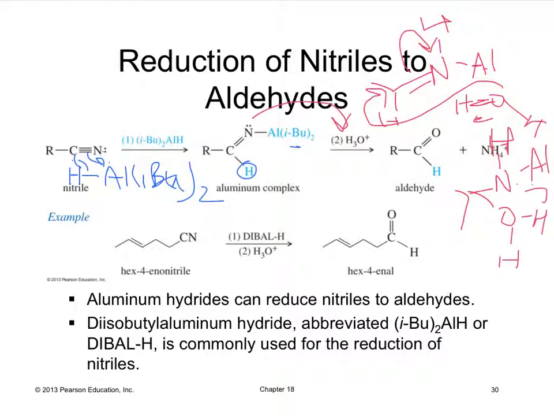Electrons from your nitrogen, plucking this guy off, now you have electrons on your oxygen, right? So this will have now your OH, nitrogen, hydrogen, NH2Al. Sorry about this, guys. Hopefully you can see it. So now your electrons from your oxygen will come down, right?